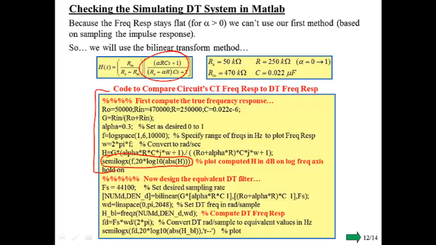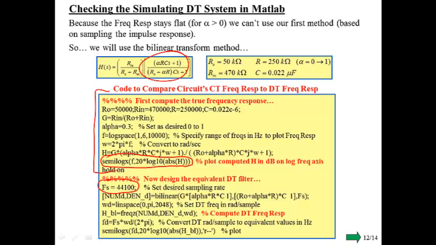Now I'm going to design the equivalent discrete time filter. So we'll assume that this is going to operate at a standard audio sampling rate, 44,100 hertz. Here's the command bilinear that MATLAB has.